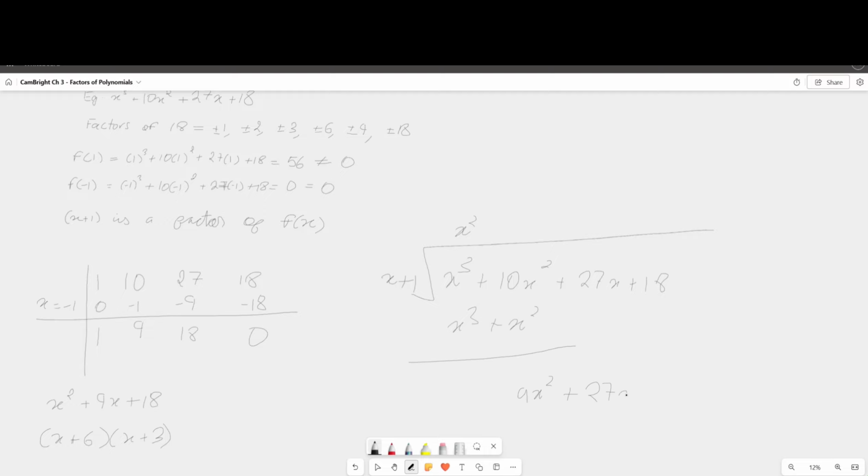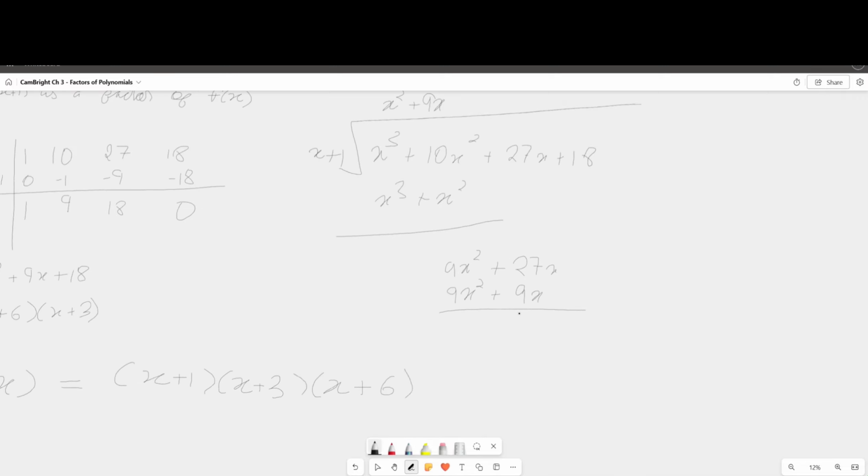Take 9x, which gives us 9x squared plus 9x. This leaves 18x plus 18, and we take 18 here. 18x plus 18 gives us 0. So you've proved that with long division.